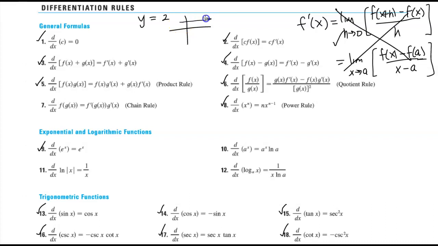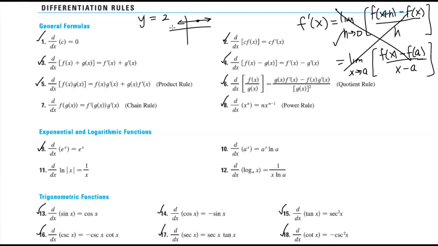If I draw that line, it looks like this, where the y coordinate for any point on that line is going to be 2. Well, we know that the slope of that line is 0. It doesn't matter whether it is y equals 2, y equals -2, y equals 1,000,000, y equals -3 billion. All those particular lines have a 0 slope.